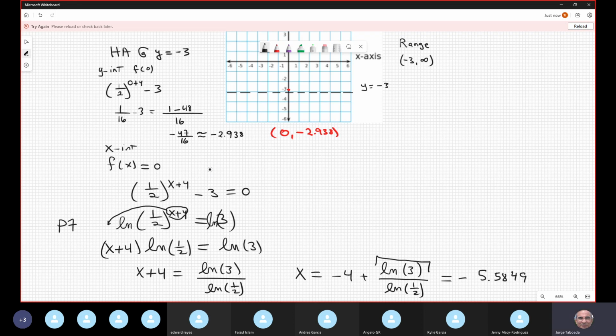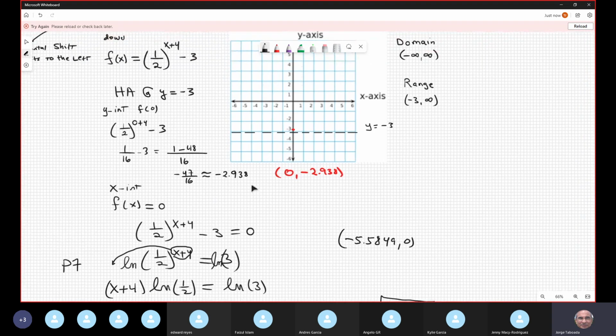So our famous point is (-5.5849, 0). It's on the x-axis. It's almost here, approximately 5.59.